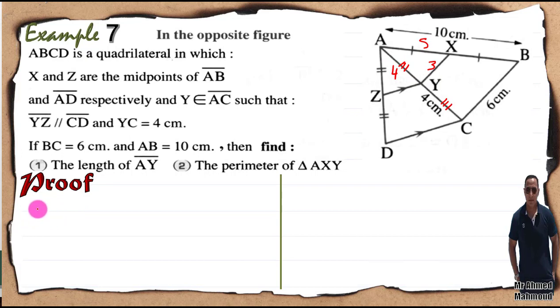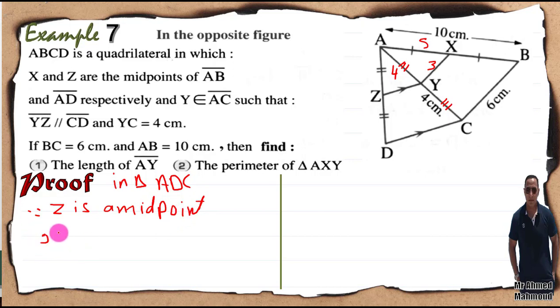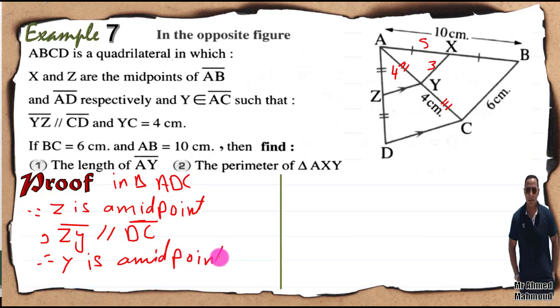So, since Z is a midpoint of AD in triangle ADC and ZY parallel to DC, therefore Y is a midpoint of AC.